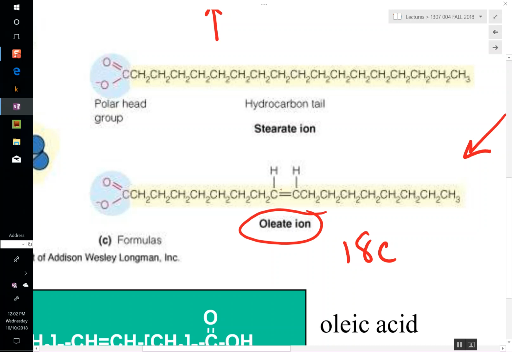Not only do you have a double bond, you have it smack dab in the middle of the molecule, and it is cis. It is a cis double bond. And that's what nature makes in terms of unsaturated molecules. It makes cis bonds. Not just randomly, some cis, some trans. They're cis.